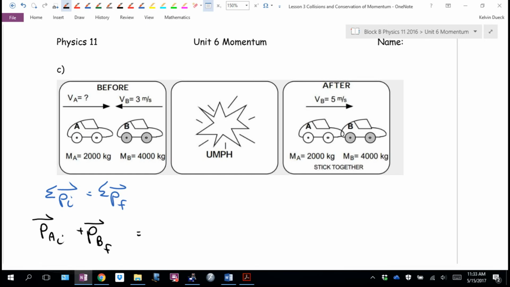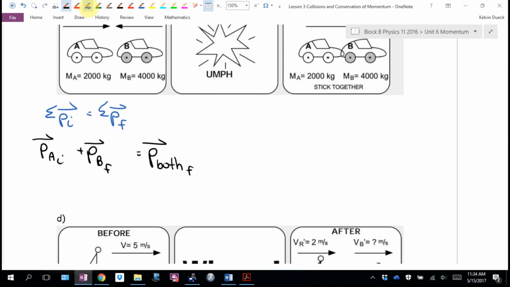After the collision, what's moving? Car A, car B, both, or neither? Stuck together or separate? Momentum of both, final, because they're stuck together. Is that a pretty reasonable shift? Okay.